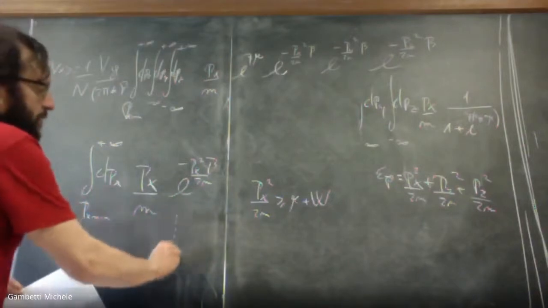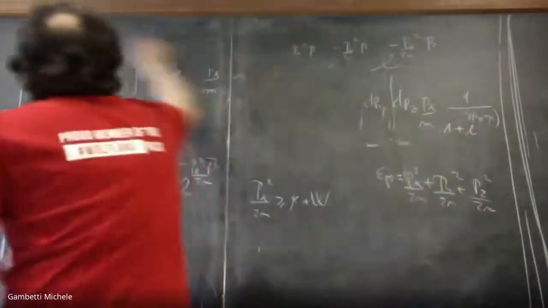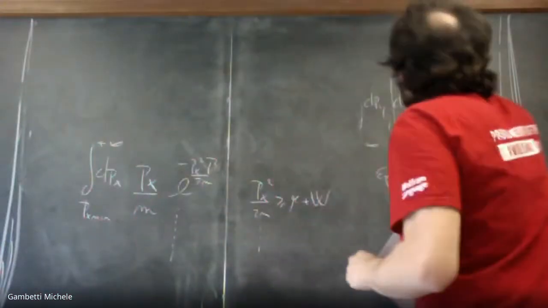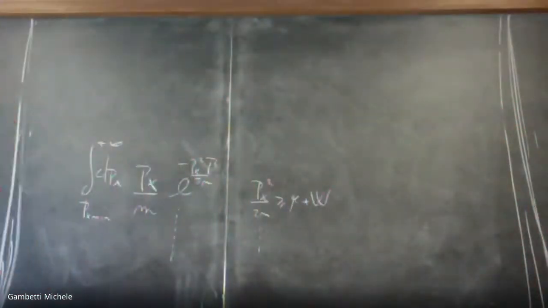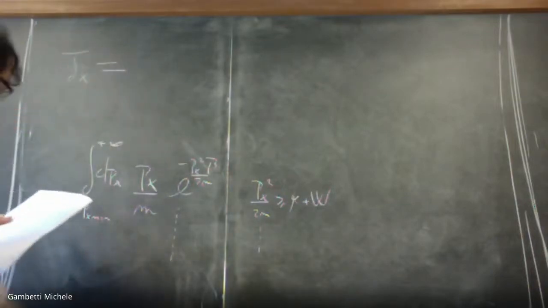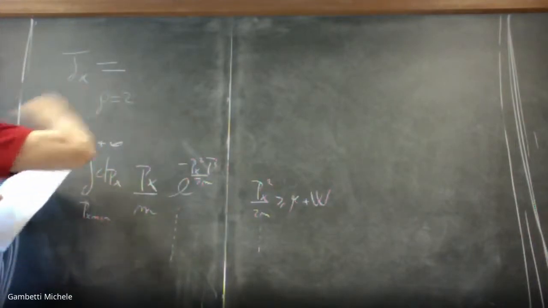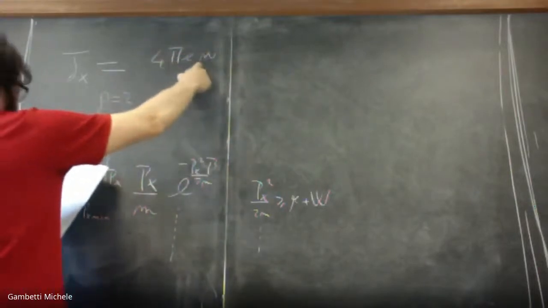So now the calculation proceeds. I will not do it because this is an exercise. And if you go on and try to do the calculations, you just have these integrals to compute, and at the end you get a formula that tells you that the thermionic current, Jx, for the case in which the degeneracy is equal to 2, is 4 pi e m, where e is the charge of the electrons.